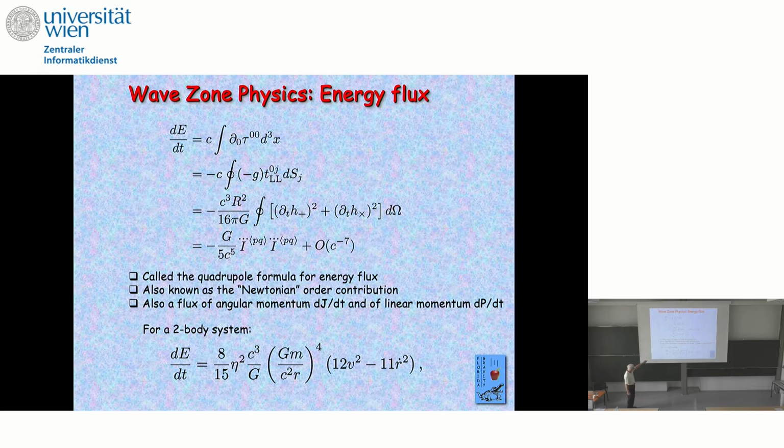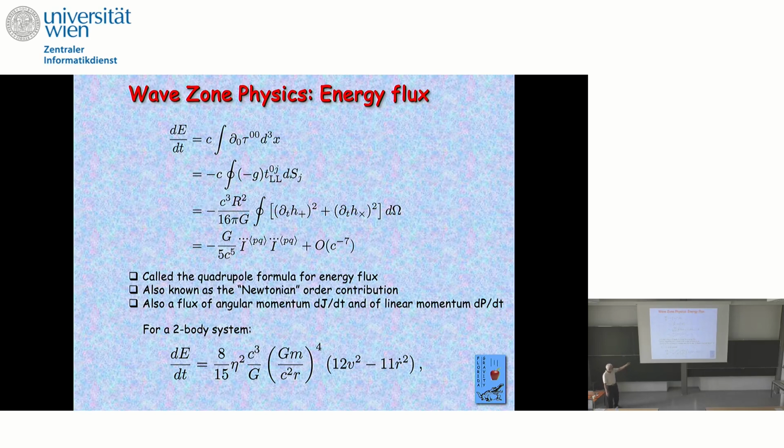And then you contract on the 2 pairs of spatial indices. And there's a factor in front that you calculate. And these, of course, are higher order corrections. So this famous formula is called the quadrupole formula for energy flux. And again, it's also known as the Newtonian order contribution, or the 0PN order.